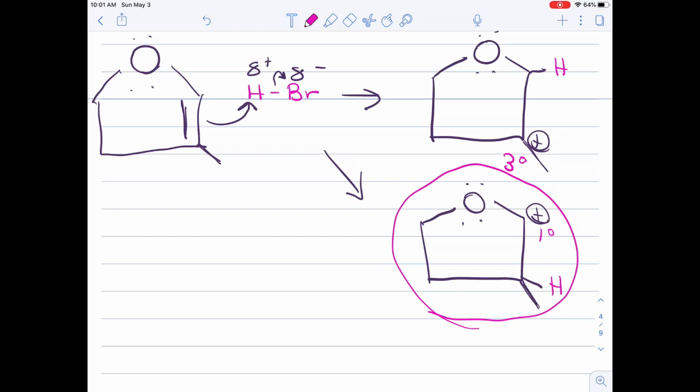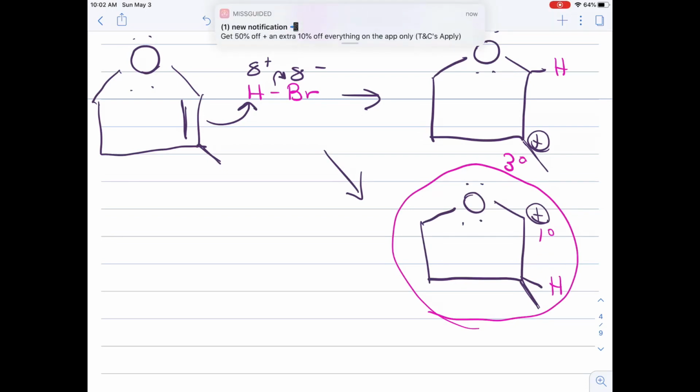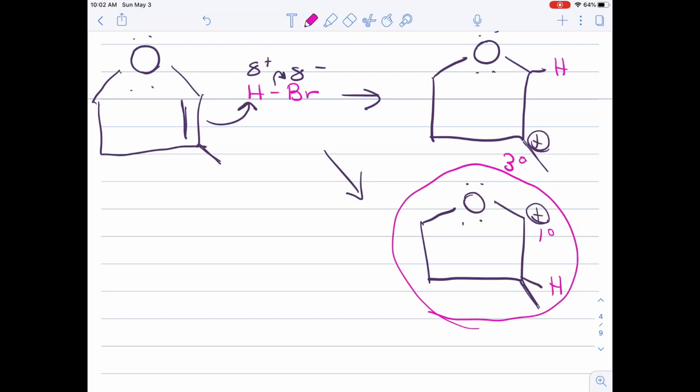But why? Didn't we just say that Markovnikov's rule states that the more substituted carbocation will form? Well, the issue is that we have an electronegative atom. We have an atom that can be resonance stabilized. So let's draw the resonance structure of this. Let's say the electrons from oxygen want to form a double bond.